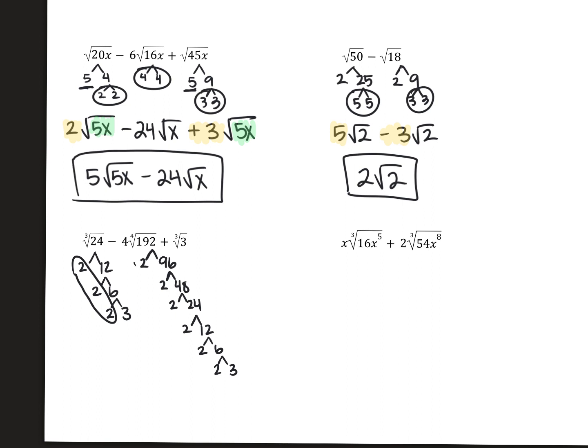So I have 1, 2, 3, one group of four 2's. And then cube root 3 can't simplify. That's the smallest it gets.